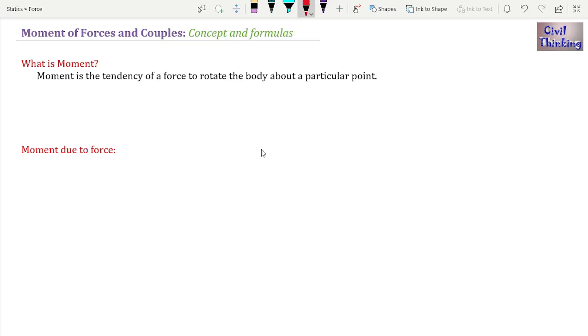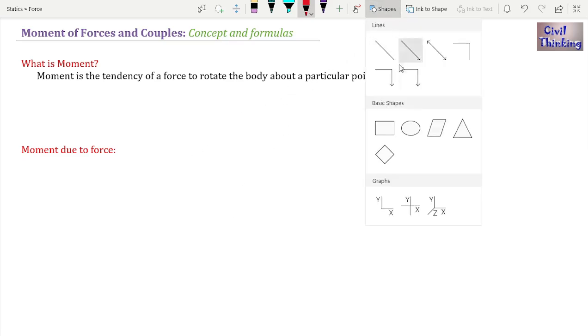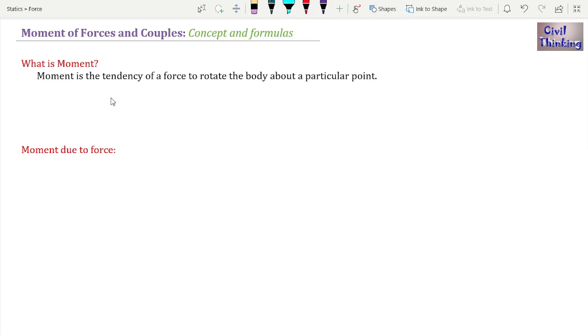For example, if we have a body here and a force acting here, let us say this is force F acting on this point. How much is the tendency of this force to rotate it about any point?